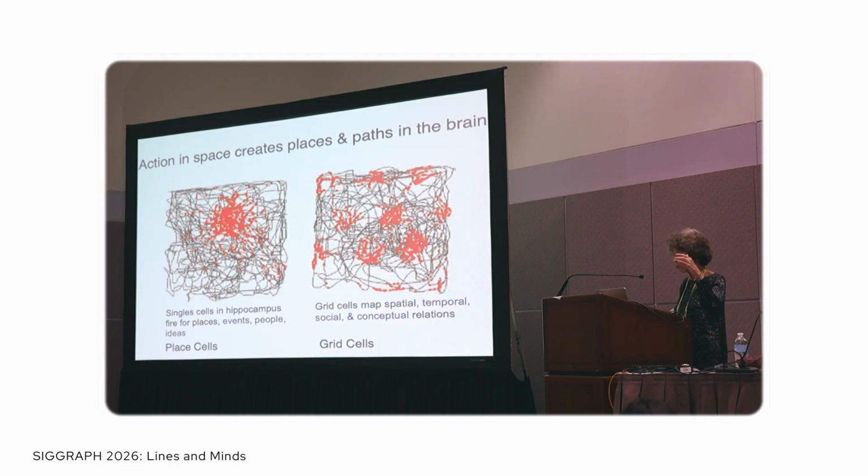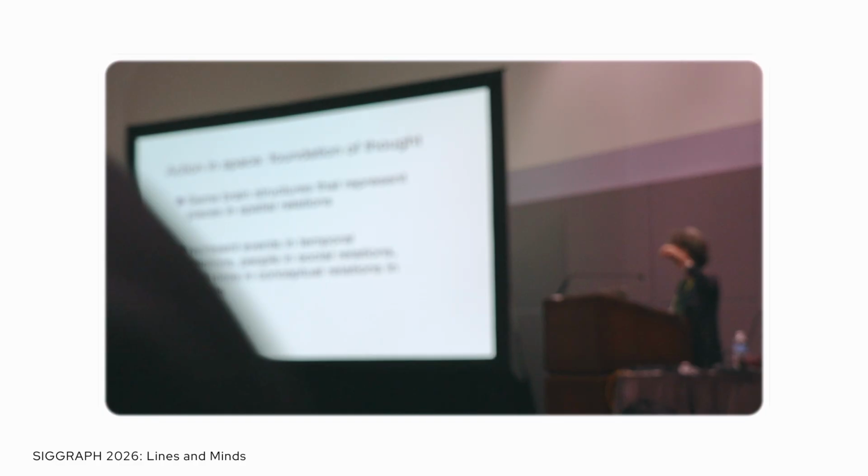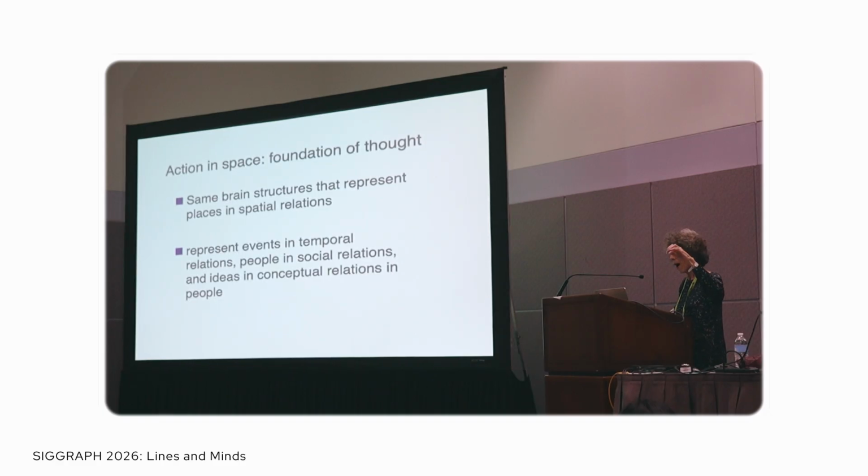So the same structures that people use to represent places in spatial relations are also used to represent events in temporal relations, people in social relations, and ideas in conceptual relations.